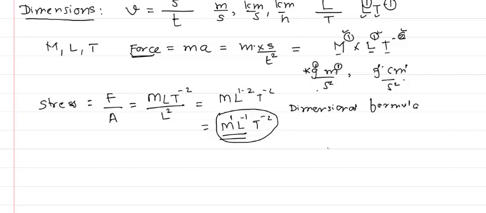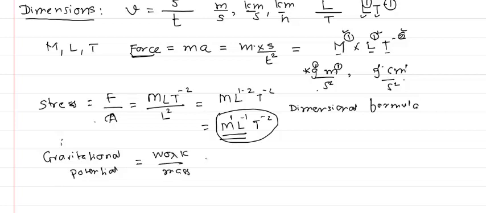For example, let us take a physical quantity, gravitational potential. Even though you might not have studied this, I can introduce this term to you and we can find out its dimensional formula. Gravitational potential is given by work done per unit mass. Work is force into distance, divided by mass.